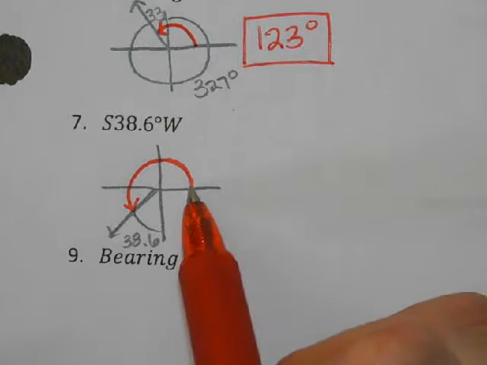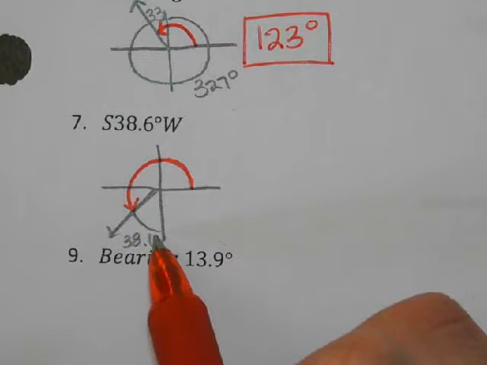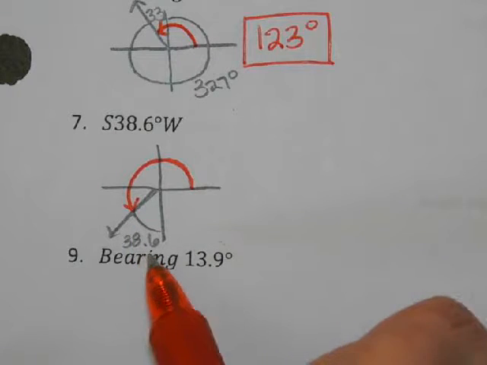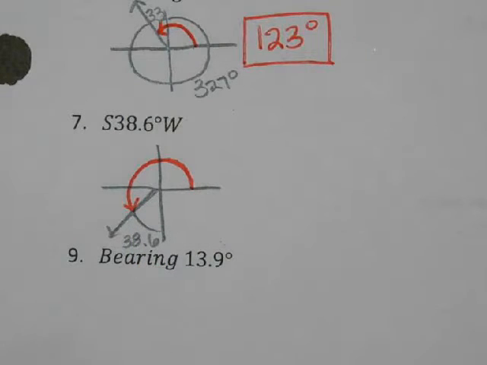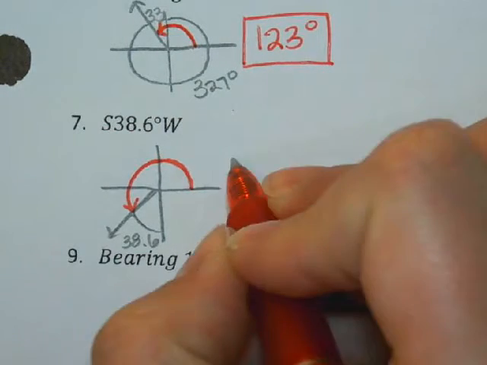So if we were to picture it, the whole thing would have been 270, and this is the only part we don't want to use. So 270 minus 38.6 is 231.4. That's what you said. Perfect.